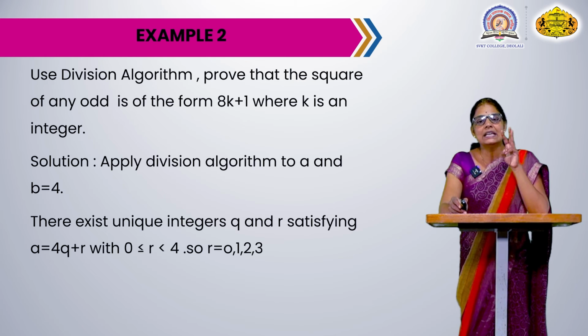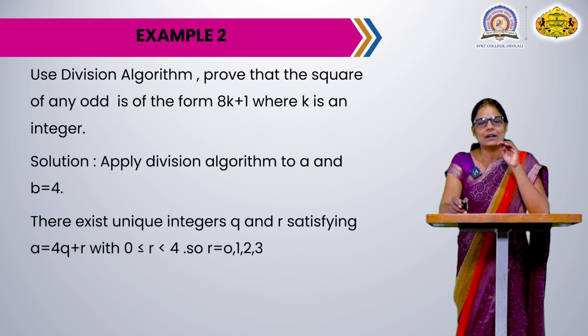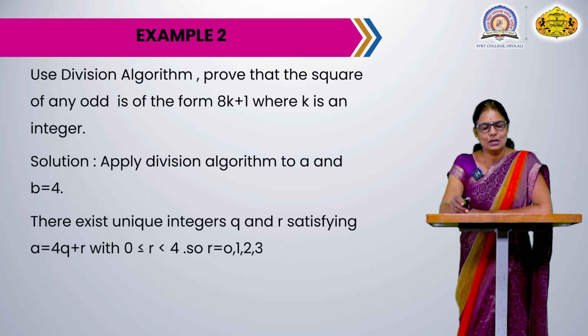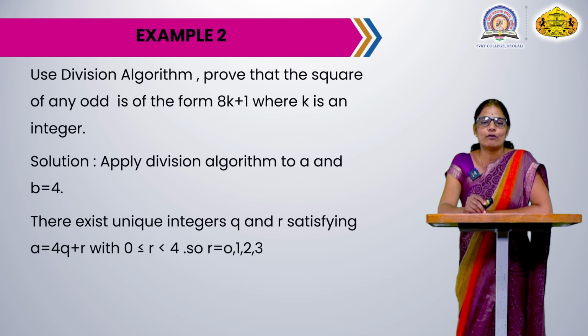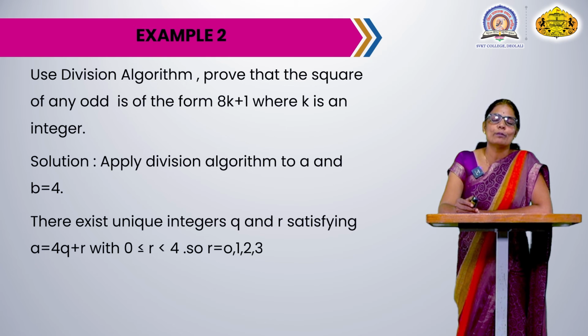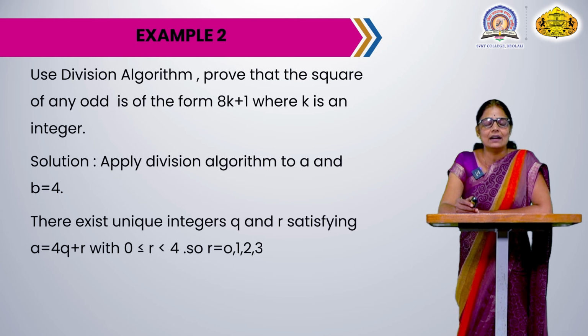So there are only 4 integers with this condition: 0, 1, 2, 3. Now put r equal to these values. So we get the 4 different forms of a. The first form is 4q, the second form is 4q plus 1, the third form is 4q plus 2, and the last form is 4q plus 3.